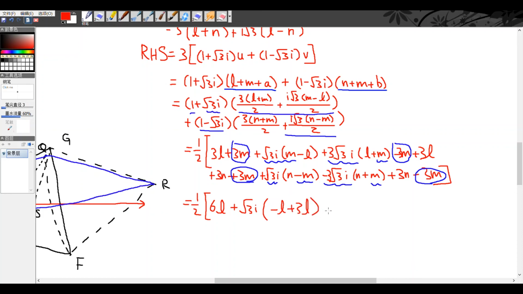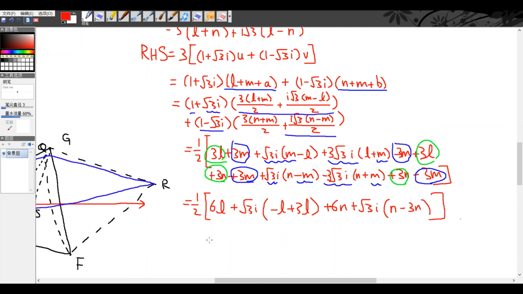And we merge those two terms, and we merge those two terms, and we have plus 3n plus the square root of 3i times n minus 3n.